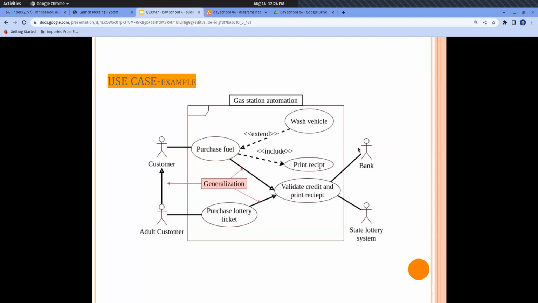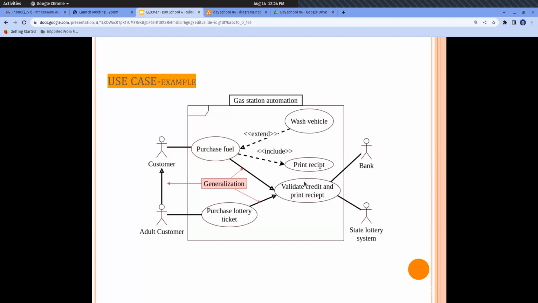So the bank can state lottery now. Here the lottery system should also be involved for this process, validate credit and print receipt.